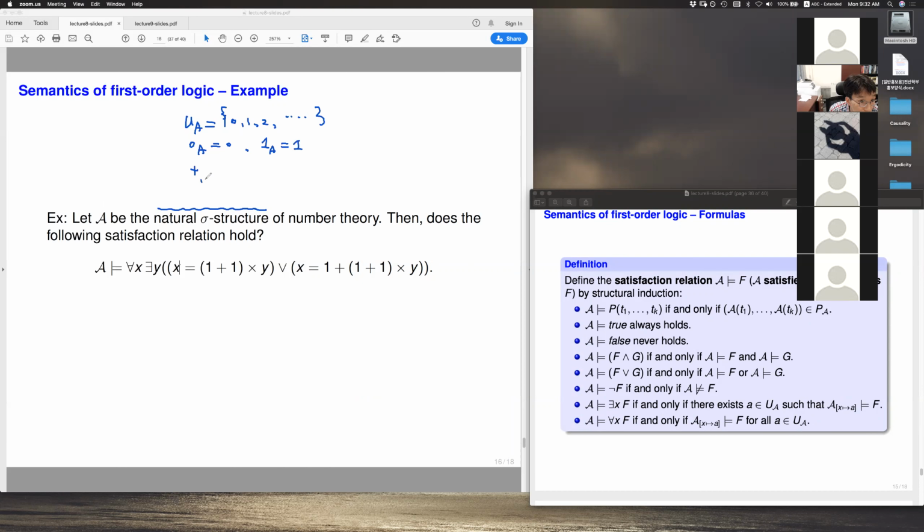Plus means the mathematical operation plus. And this should be an equality, which really means equality in math.